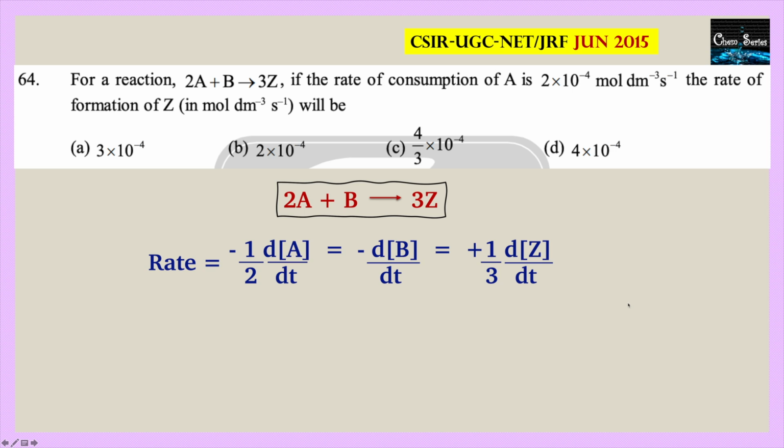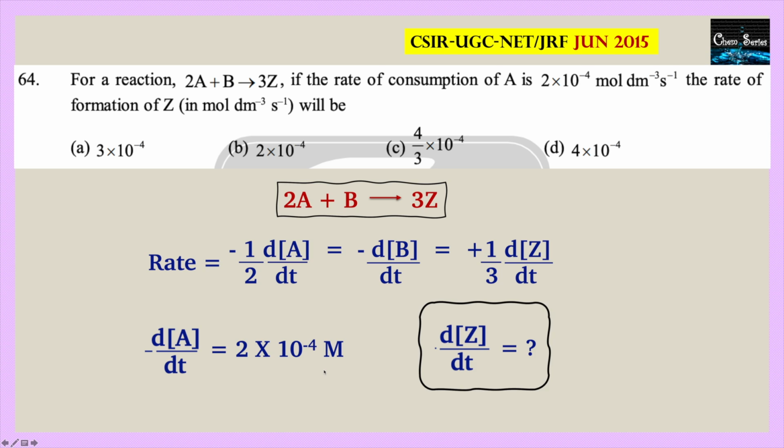Now what they have given, the rate of consumption of A, that is minus dA by dt, alone is given as 2 into 10 power minus 4. What they are asking is the rate of formation of Z, that is dZ by dt.